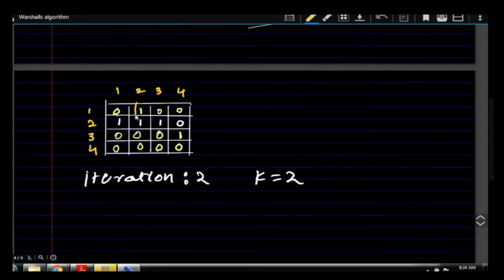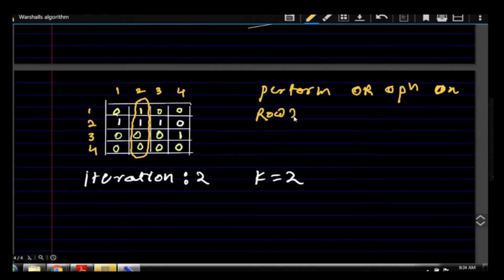So this is k equals to 2 column. Now in k equals to 2 column, you have to check what you have to check. Perform OR operation on row 2, because we have taken k equals to 2.